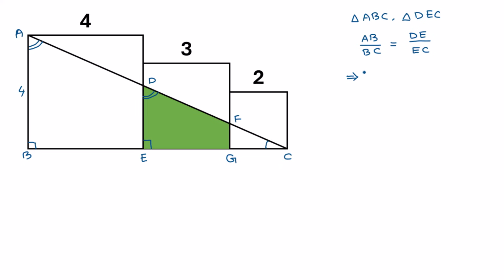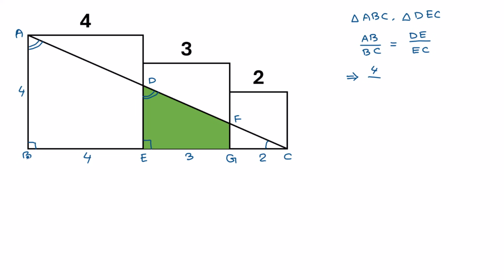So substituting here, we can write 4 divided by BC. BC is BE plus EG plus GC. Now BE is 4 because this is the side length of this square, and EG is equal to 3 because this is the side length of this square, and GC is equal to 2 as with this square.